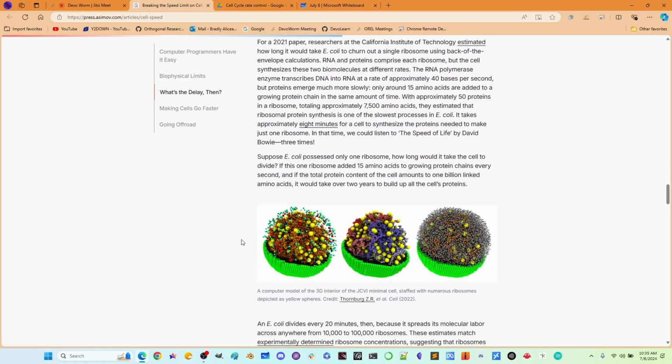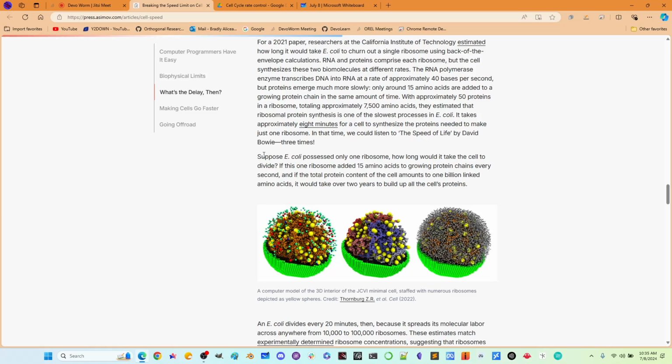So this is our minimal cell that we've talked about in meetings in the past. This is a JCVI minimal cell where you have the molecular modeling and the coarse-grained cell modeling, and you're putting all that together. And so this is where they can do these kinds of experiments. They can simulate these things.